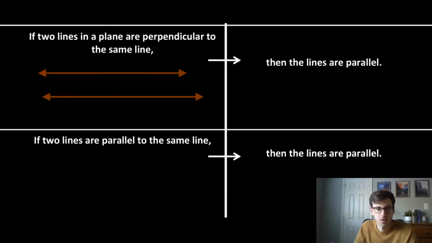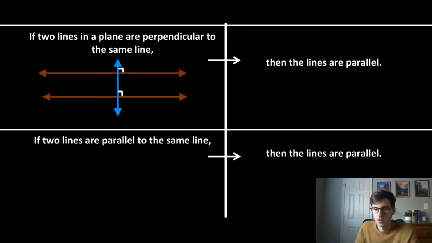Those arrows are really big, but that's okay. So I've got 2 lines. If they're perpendicular to the same line, so they're both perpendicular.